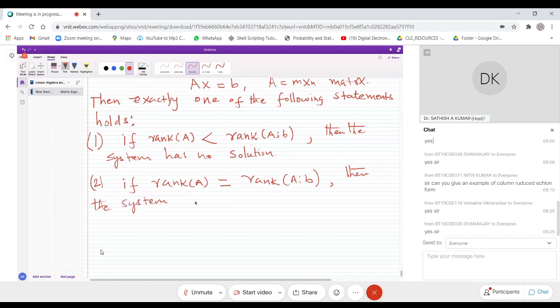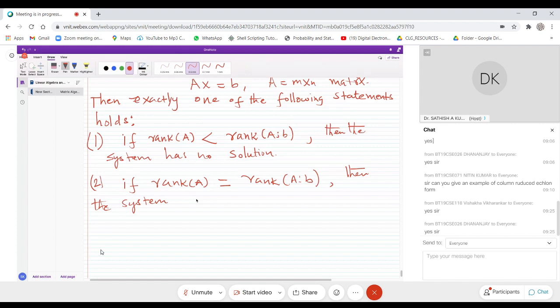Sir, you have written A is an m cross n matrix, it should be square, right? It's not a square matrix. It is true in general. We can have, like, four variables and 5 equations also, because we are talking in general, with respect to rank.